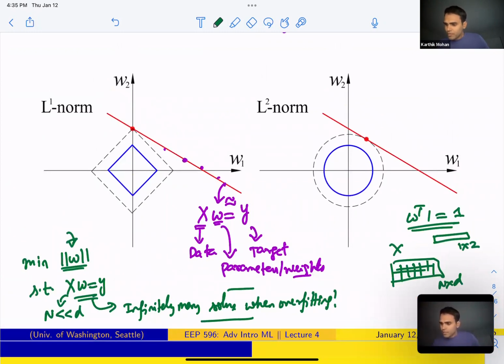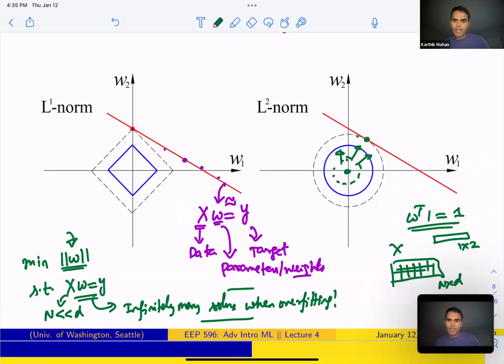Then you say, well, I'll start here because here the L2 norm is 0. Well, that doesn't lie on the line, so that doesn't make sense. So let's expand it. Maybe this is L2 norm equals something, let's say 0.5. Well, that still doesn't fit.